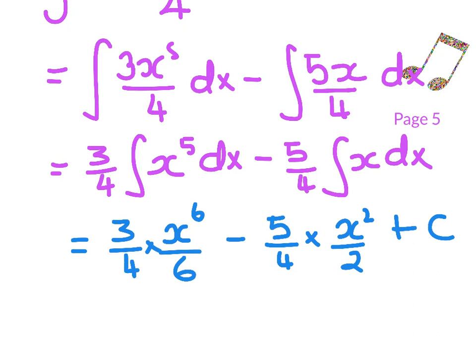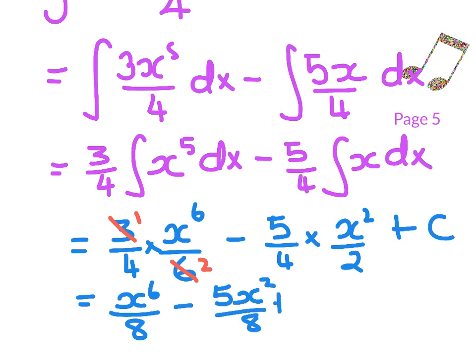Now before I go on, I'm just going to simplify here. So that's 1 and that's 2. I can't do anything with that one. So I'll end up with x to the 6 over 4 times 2, which is 8, minus 5x squared over 4 times 2, which is 8, plus c.